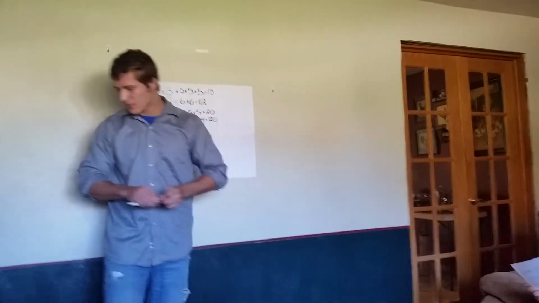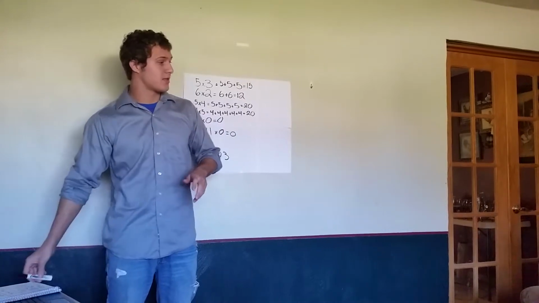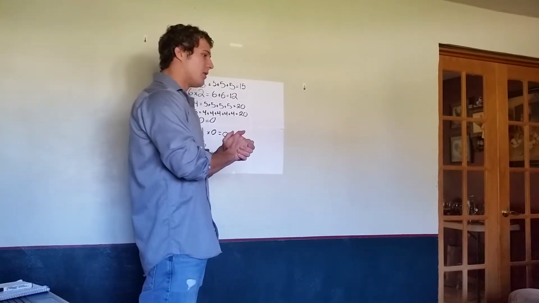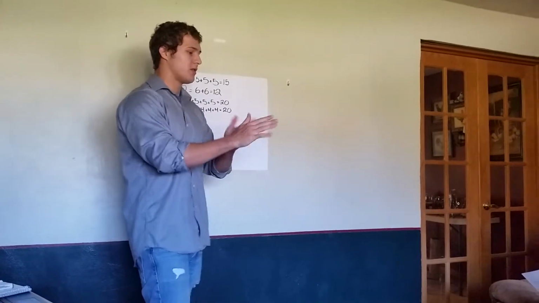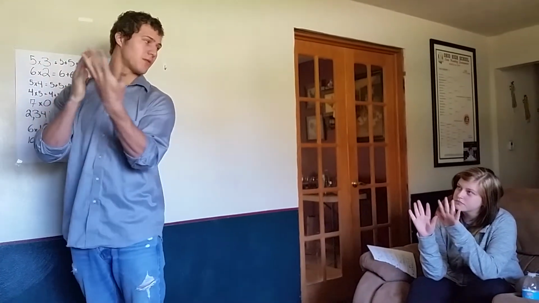All right. Now, when multiplying by 9s, there's a simple trick. So say we have an example of 9 times 5. What you're going to do is hold up your hands. So I'll go this way so you can do the same as me. You're going to count from left to right.